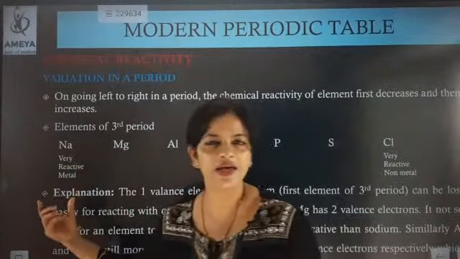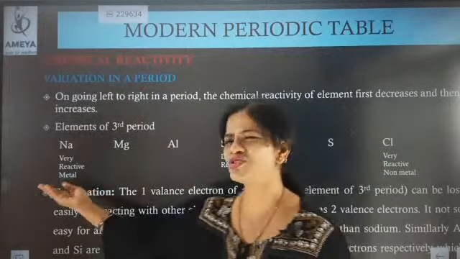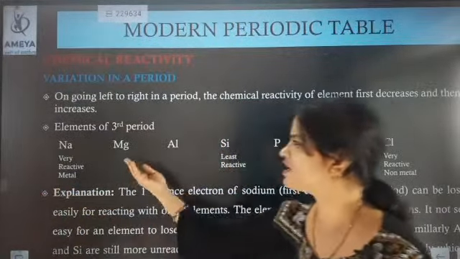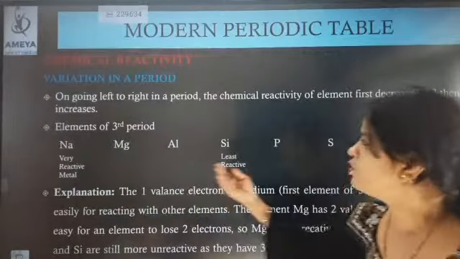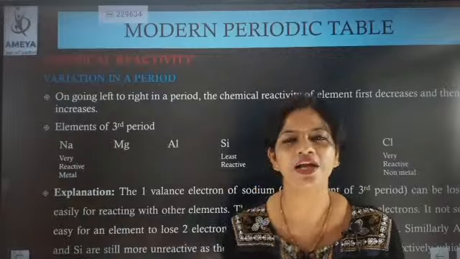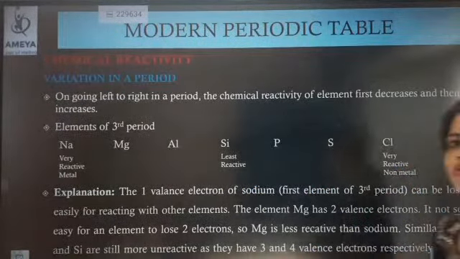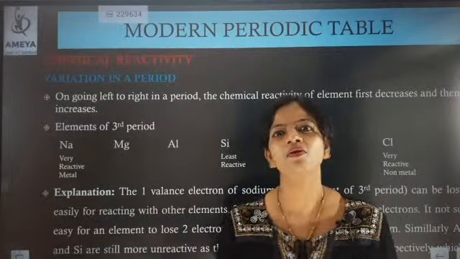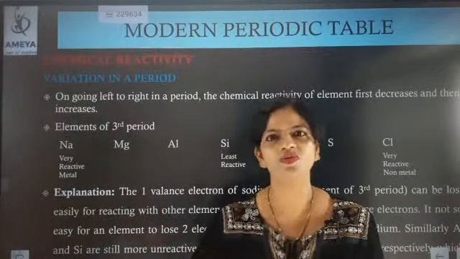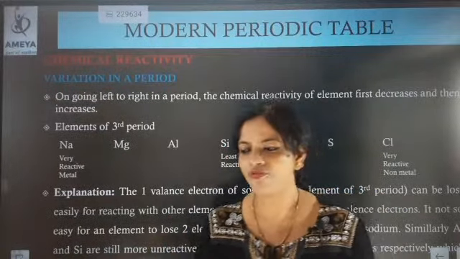Now you see here, you yourself will automatically say that sodium is most reactive, and after that magnesium will be there, then aluminium. By seeing sodium itself you will say that sodium is most reactive, and then you will see chlorine, and you will say chlorine is very reactive, because we see that chlorine forms acid.